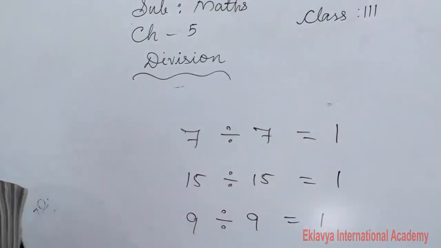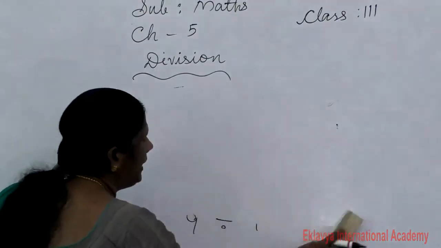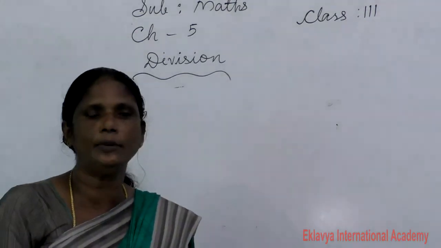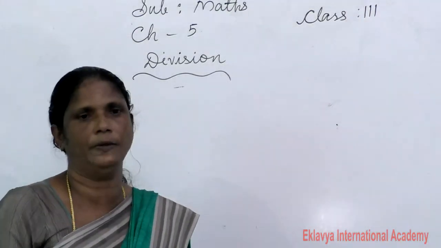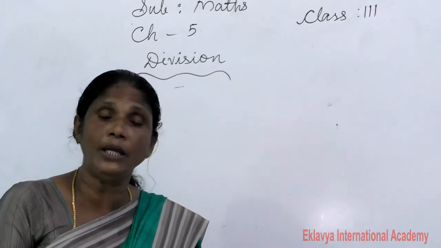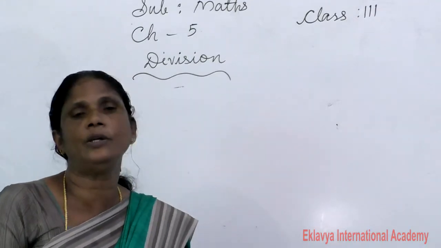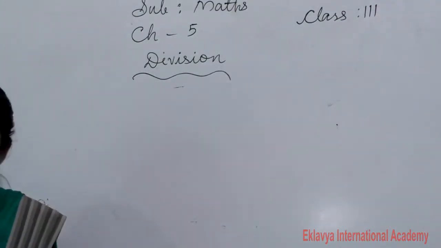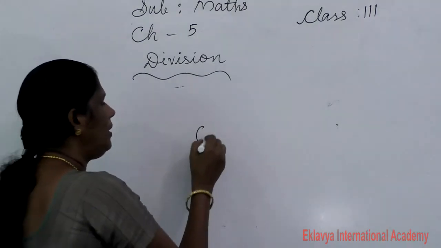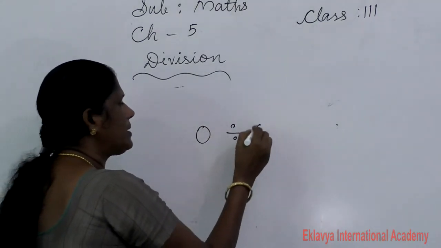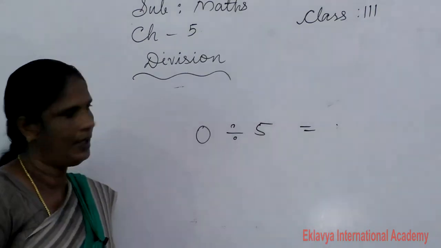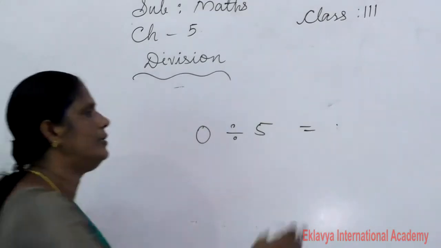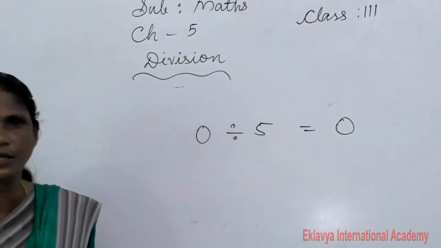Then division of 0 by any number. 0 divided by any number, we get 0. For example, 0 divided by 5 is equal to 0. Understand?